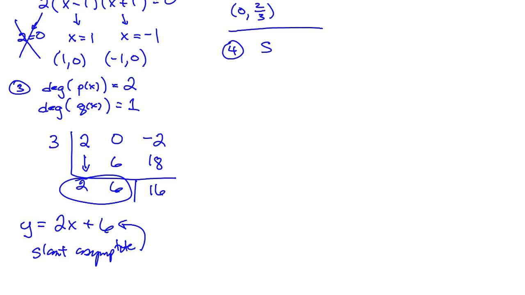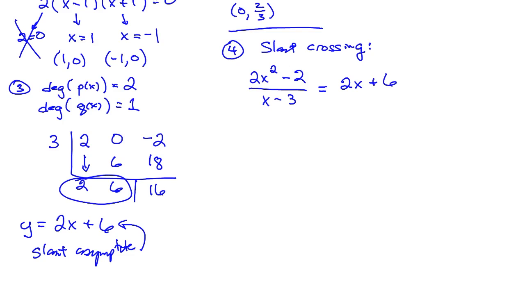Step 4, let's determine if the function itself crosses the slant asymptote. To do that, we will take the rational expression and set it equal to the slant asymptote.